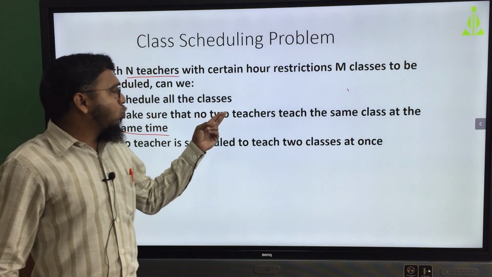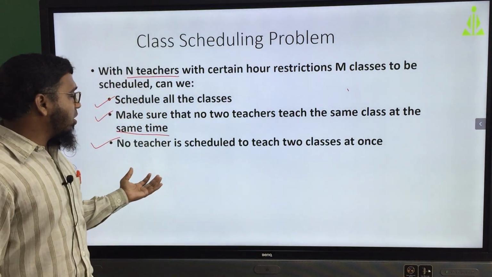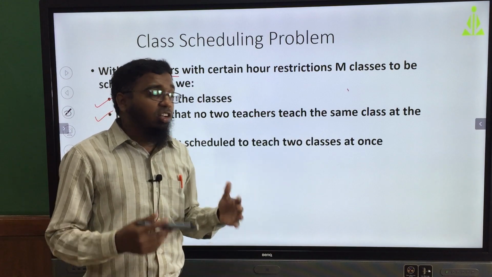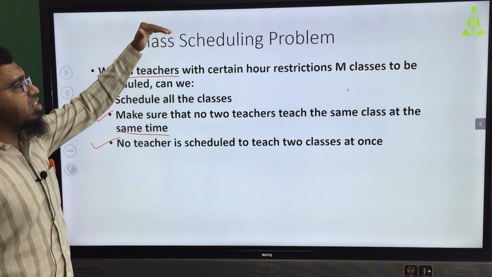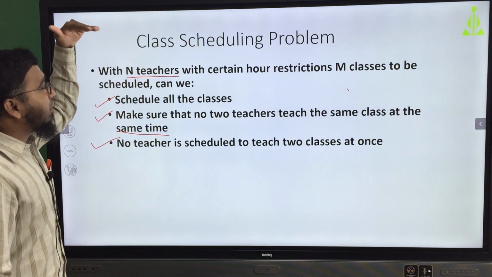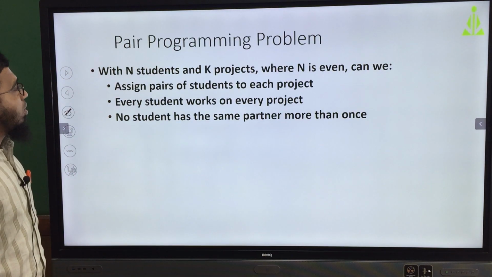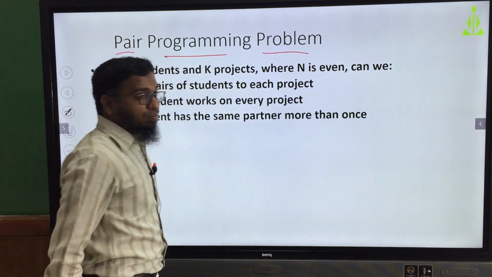Two teachers cannot teach the same class at the same time, and one teacher cannot take two classes at the same time. So this is the class scheduling problem. Online we can do all of these things, but the class scheduling problem is this.